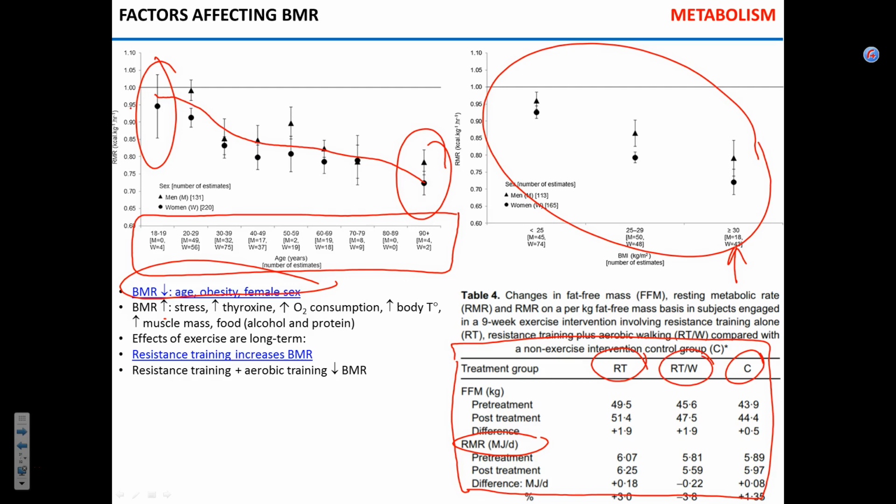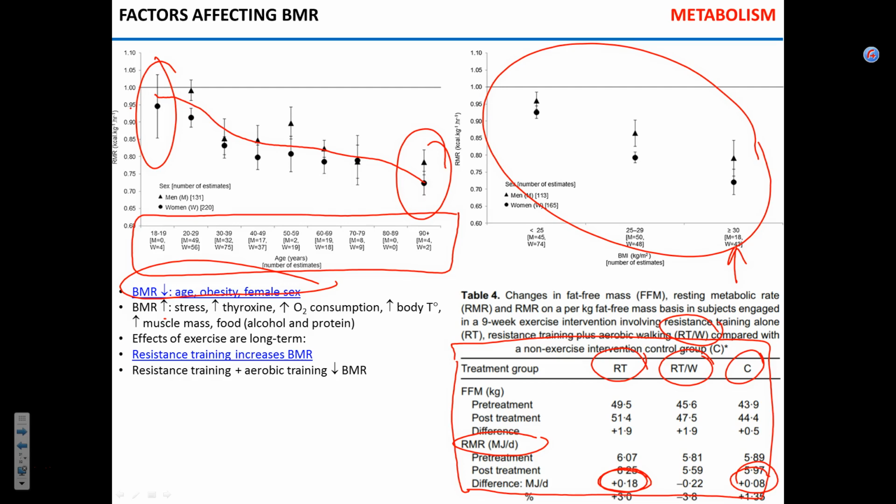RT/W is the group that underwent resistance training and endurance exercise, okay? Walking, aerobic walking. Well, it turns out, it seems, because it's not like millions of people, but it seems that, first of all, resistance training increases BMR. Okay? So, if you compare after exercise with before, does that make sense? And it increases compared to control.